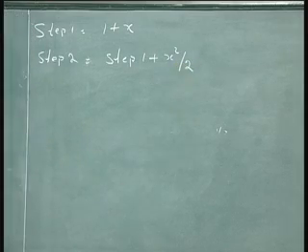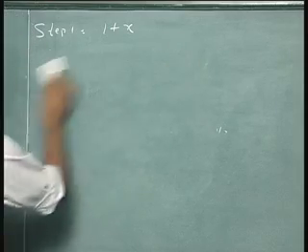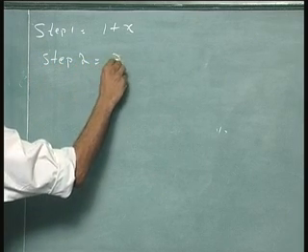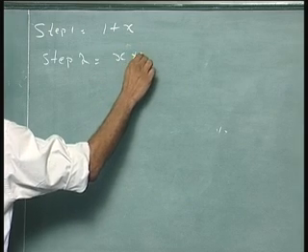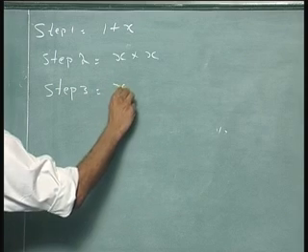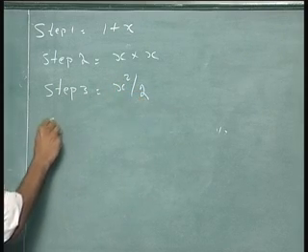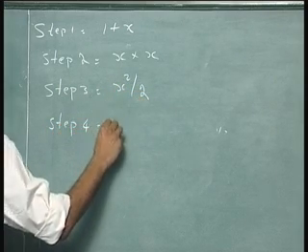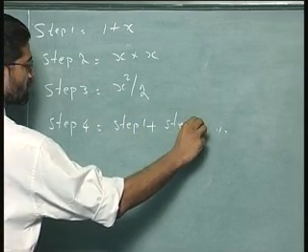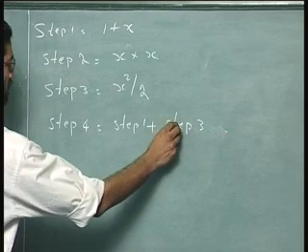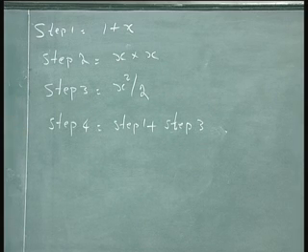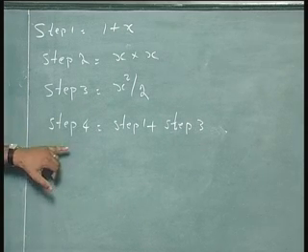Or you could introduce another step here: step 2 would be to compute x squared, that is x into x, and then step 3 would be to look at x squared by 2, and step 4 would be to look at step 1 plus step 3. So you could write it down in a very detailed series of operations like this, including each of these operations, and then look at the stability of each of these.